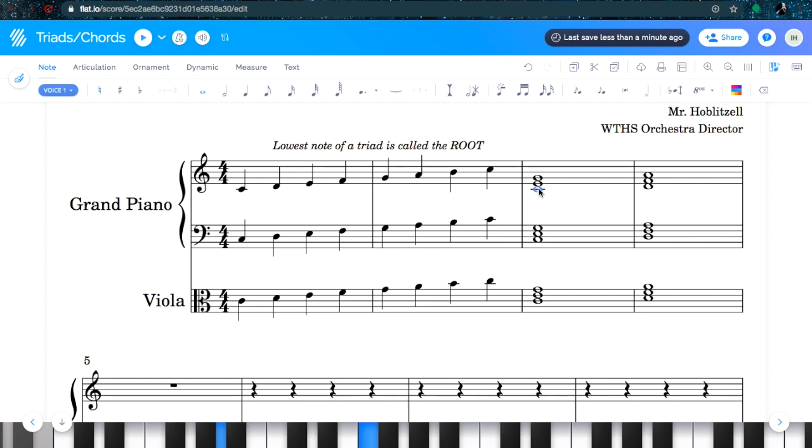So over here, we have C to E, and the interval from C to E, we know that's a third, but what kind of third? That is a major third. From E to G, we have a minor third.